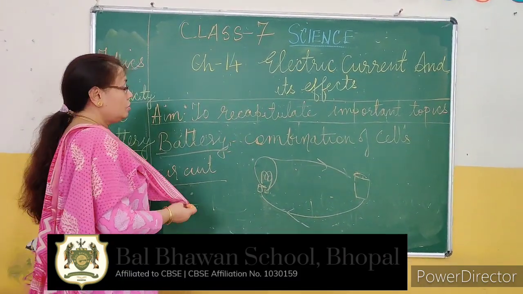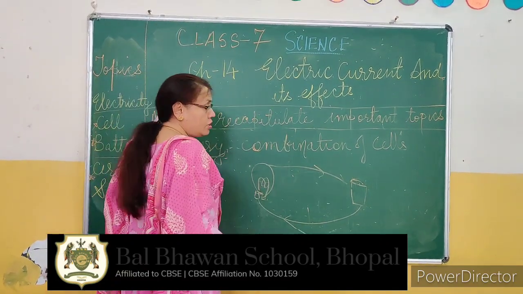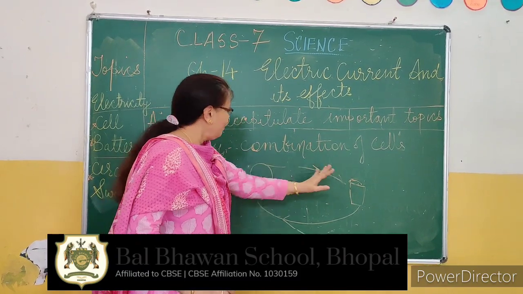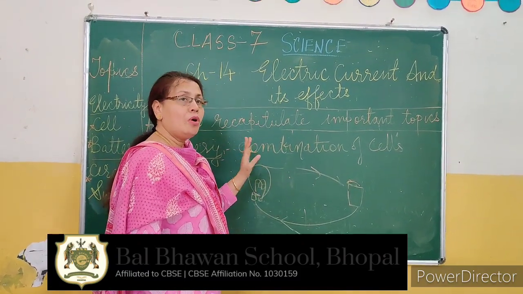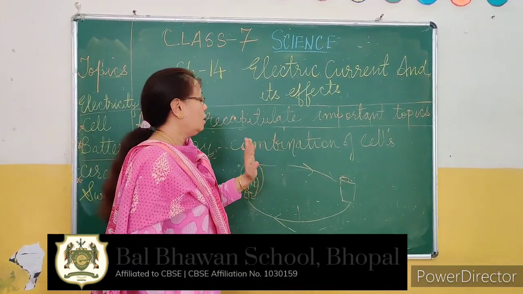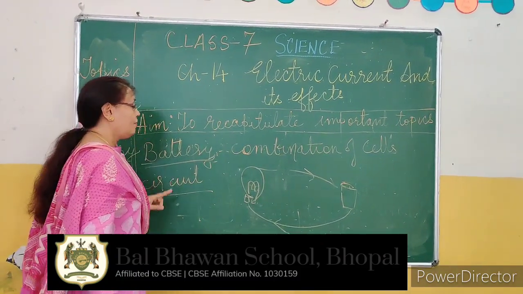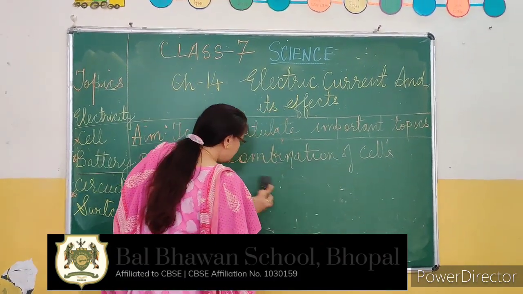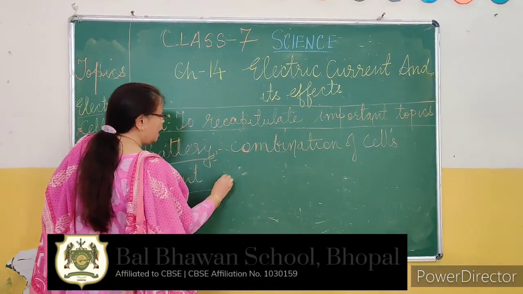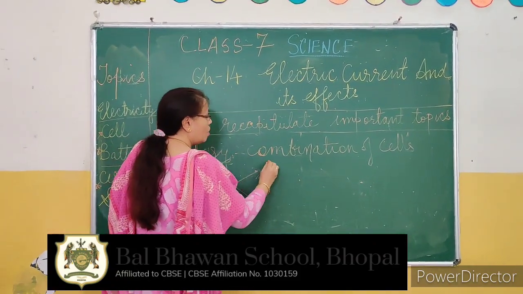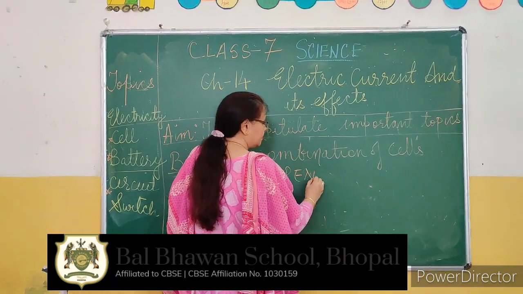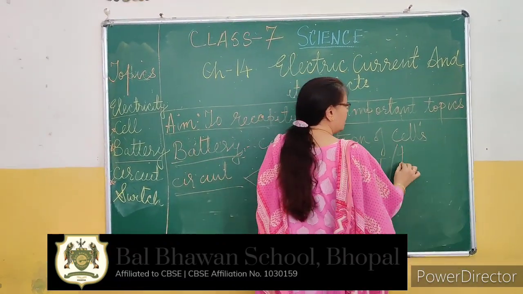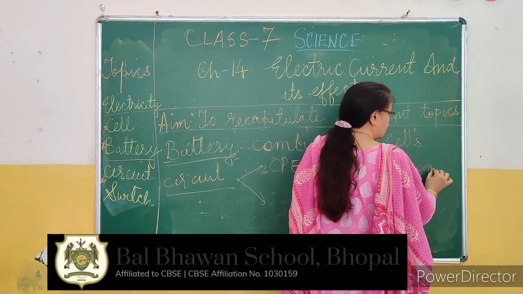Now, coming to the types of circuit. Suppose there is a break, will this bulb keep on glowing? If there is a break in this complete circuit, then such a circuit is called an open circuit or incomplete circuit.